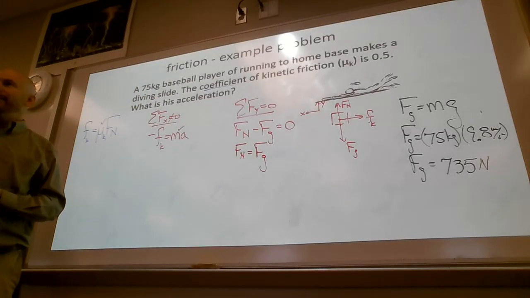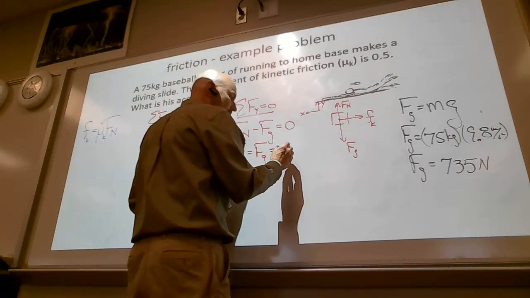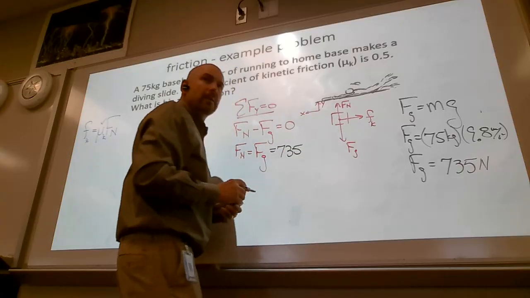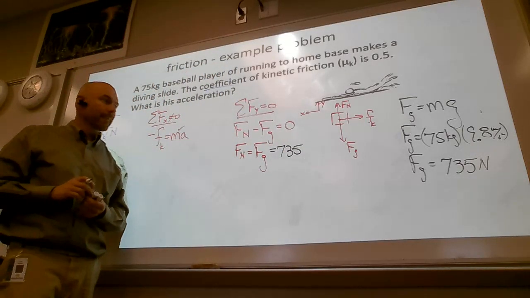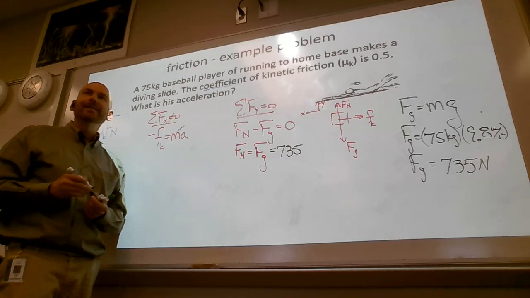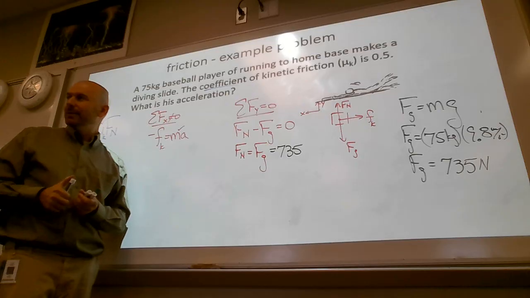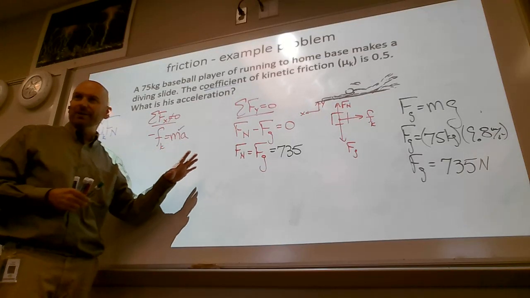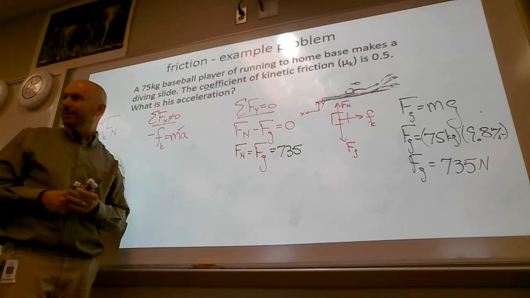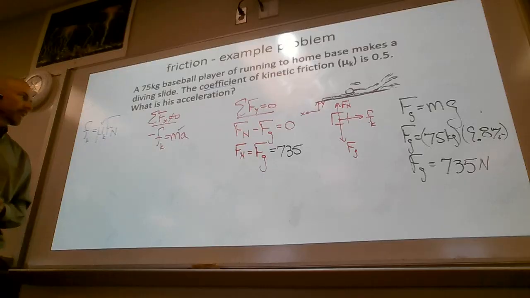What can I do with that? That can go here. Okay. See how there's a lot of details? Make sure you set this up and are organized. Don't get lost in the weeds. What can I do with 735? What was the point of that?